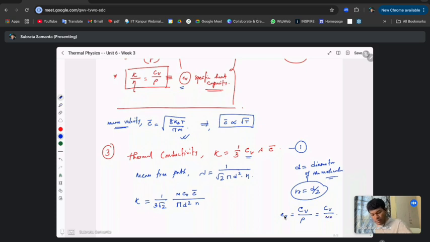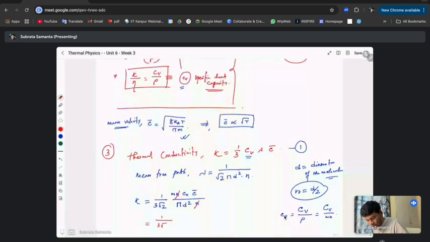Therefore capital CV is m n times small cv. There is also n in the denominator, so we cancel this n against this n.